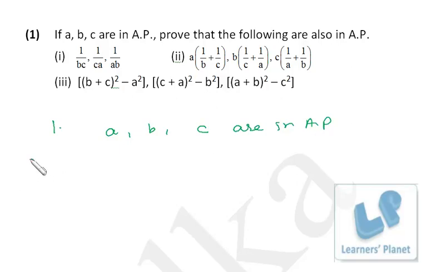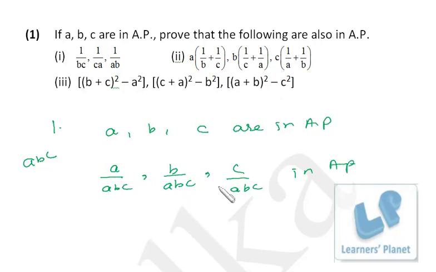So I take the term ABC, by which I am dividing all the three. If A, B, C are in AP, then A by ABC, B by ABC and C by ABC will also be in AP, because ABC is a constant and I am dividing each of them by ABC.